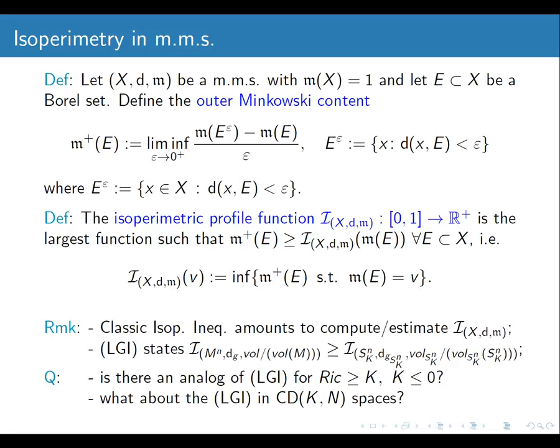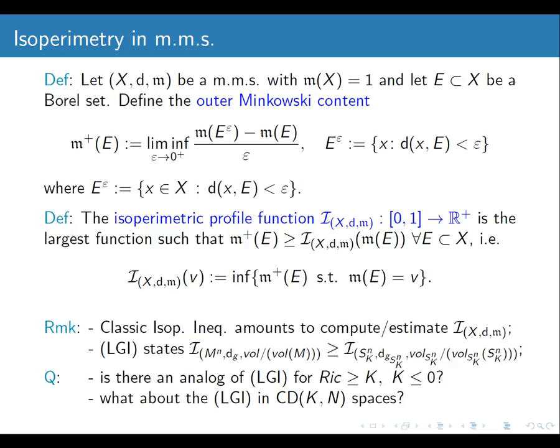We say that if we have a manifold with Ricci bigger than k, and we consider the metric measure space formed by the manifold, the geodesic distance, and the renormalized volume, then the isoperimetric profile function of this space will be larger than the isoperimetric profile function of the sphere of constant curvature k and renormalized volume measure. This is just a convenient way to restate the inequality that we want to understand.